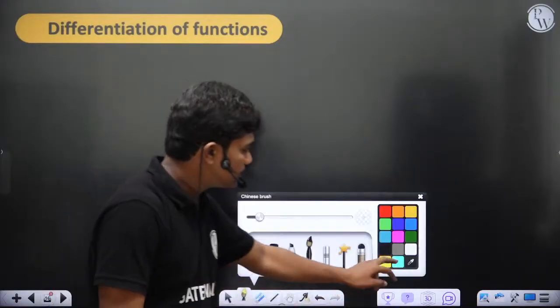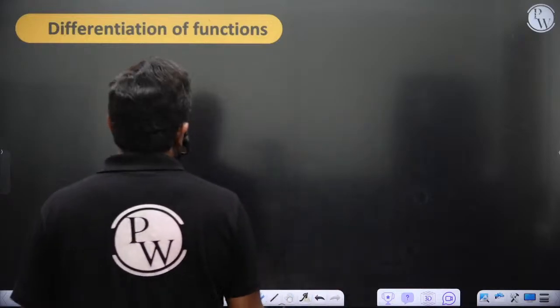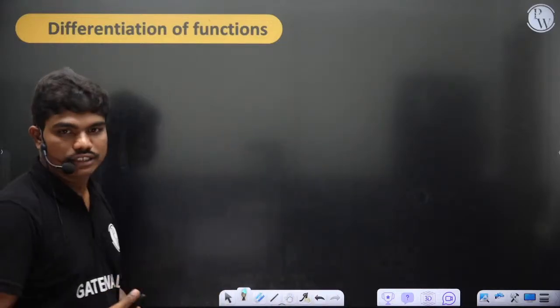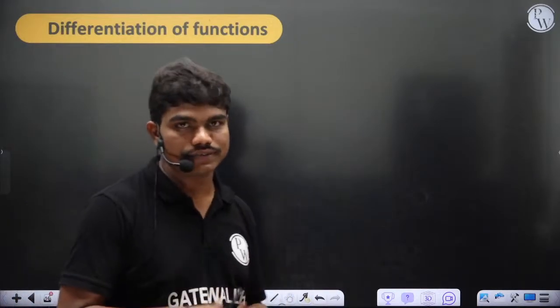Fine. So let's see differentiation of a function. So what is a differentiation of a function? Of course, or basically when we deal with derivatives. Okay.